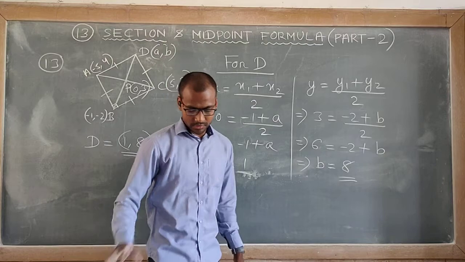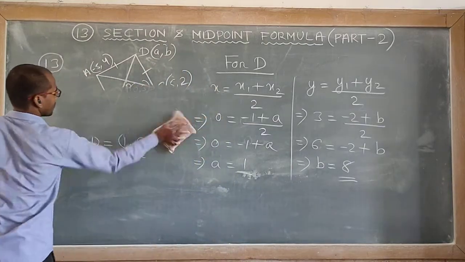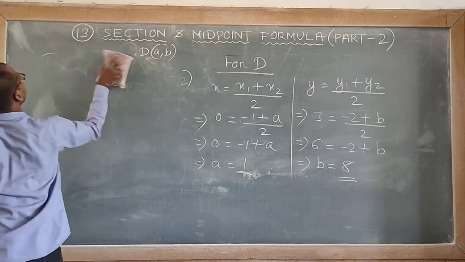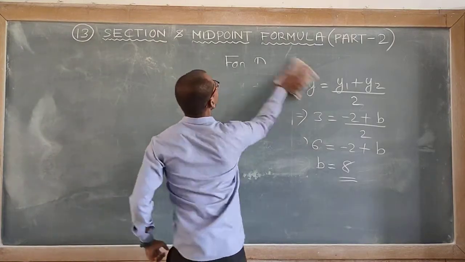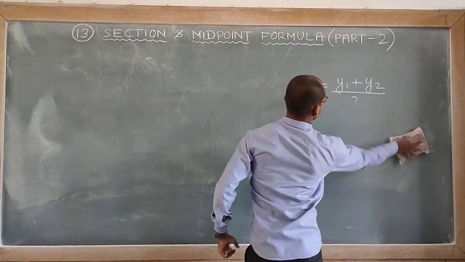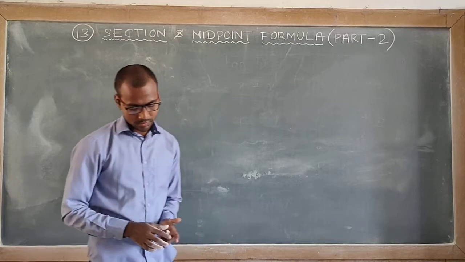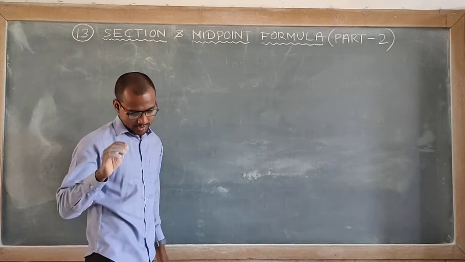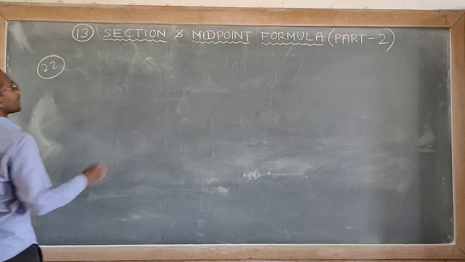Then the last question. Question number 22, related to centroid. ABC are the vertices of a triangle. So let us draw a triangle.